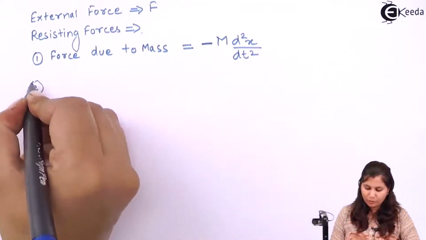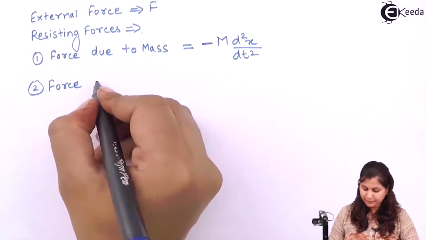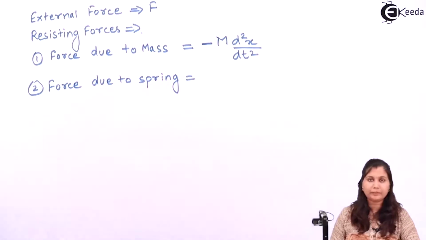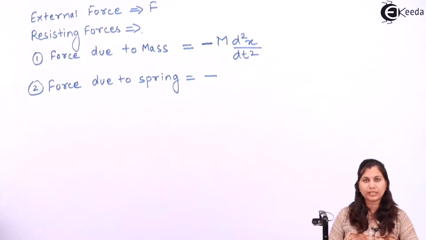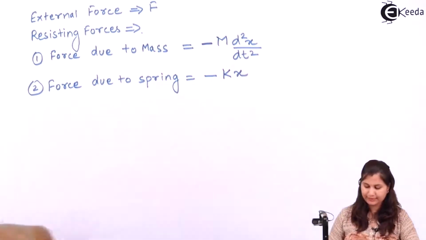Now the second force is the force due to the spring, and this will be equal to, again, a minus sign because it is opposite to the external force F, so it will be minus kx. We have already derived it.